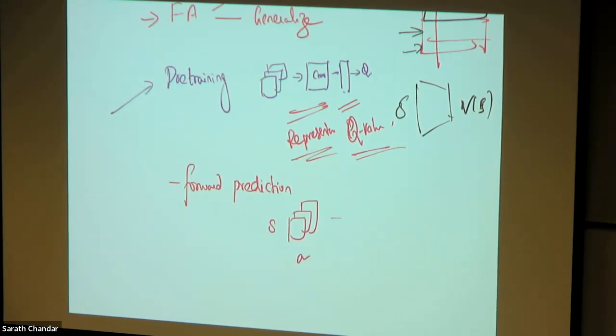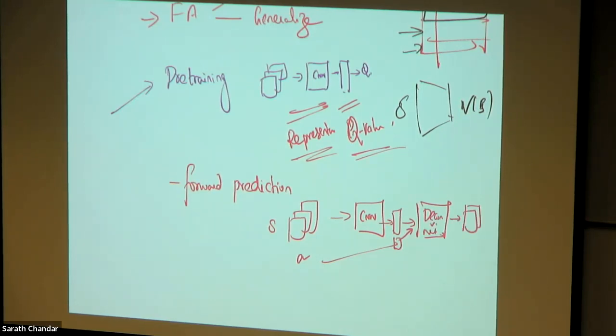The image is passed through a CNN, the representation is taken and the action is added. Now I can try to generate the next state, which in this case is actually an image, so you can use something like a deconvolutional network, which will generate S_{t+1}.